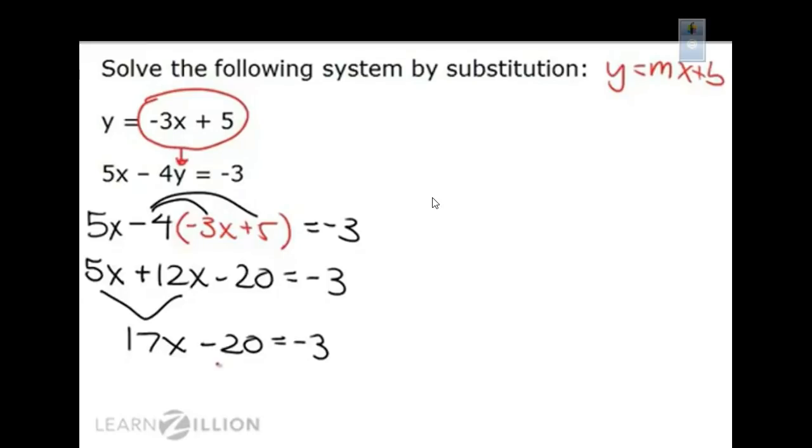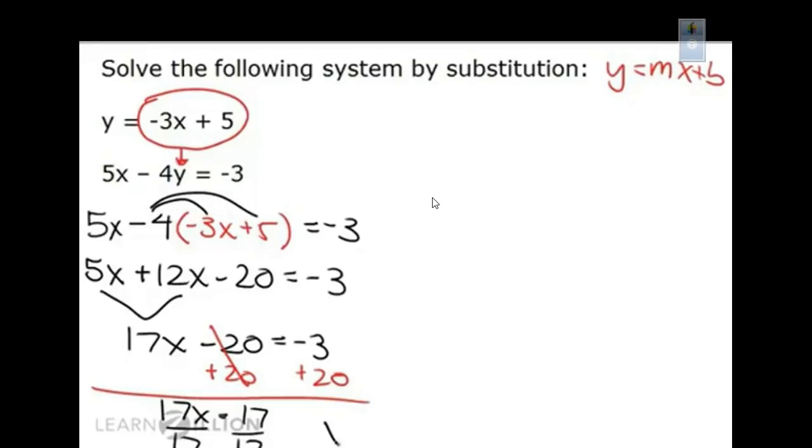Now I'm going to use inverse operations, add 20 to both sides, the 20s cancel, I get 17x equals 17, divide by 17, again inverse operations, and x equals 1. But we're not done, because we know that a solution to a system is of the form (x, y). We already have x, now we need to find y.